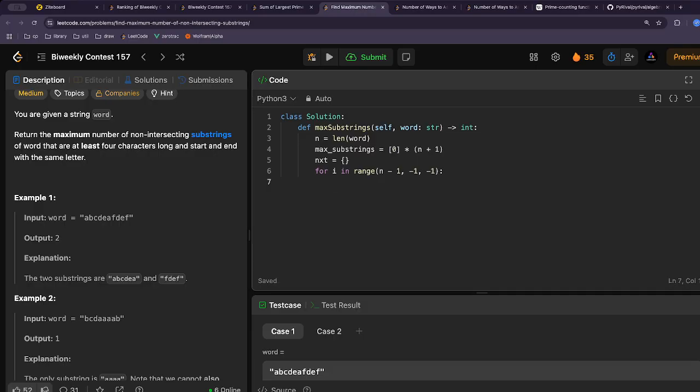But with a catch, because we kind of delay this update, right? So when we are at I, if we're starting a substring at I, then the substring could end at I plus 3 or more, right?